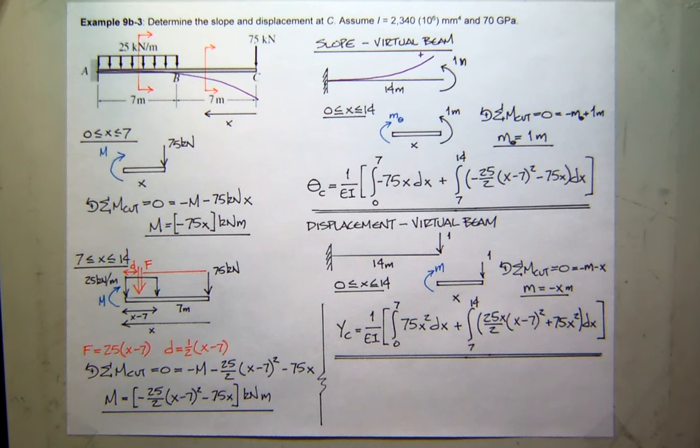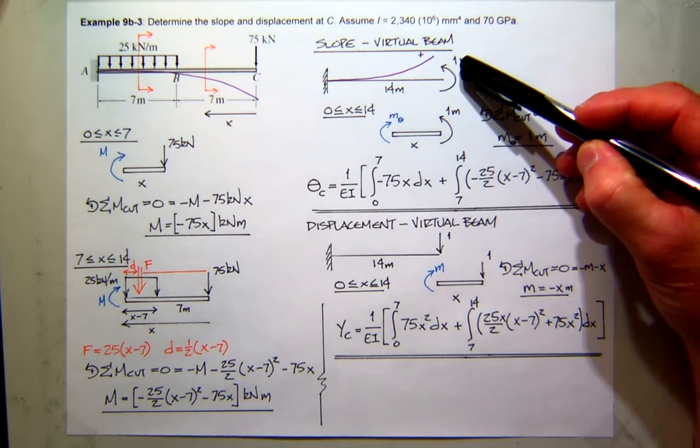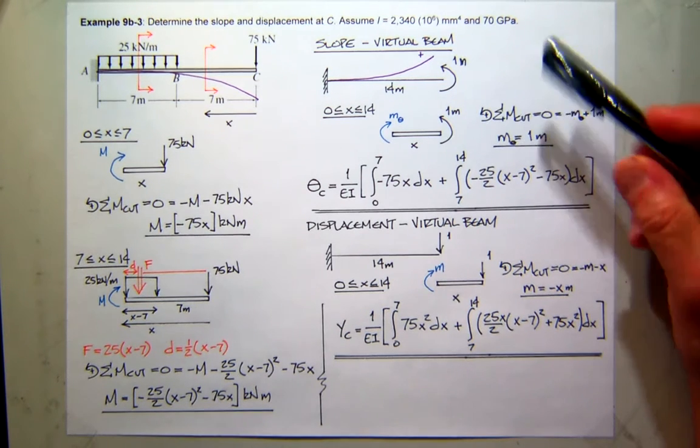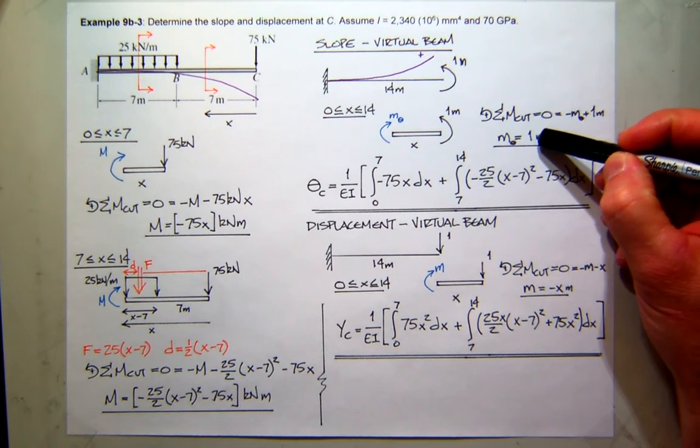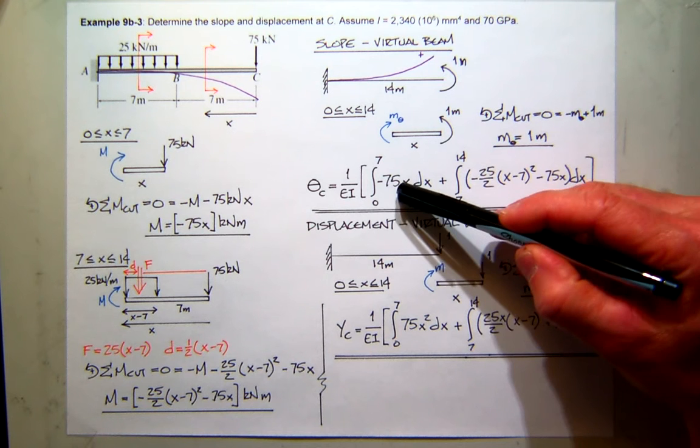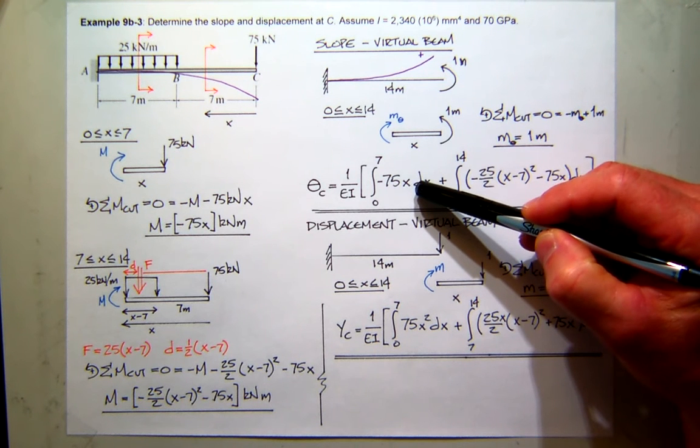I guess what I made the error on is maybe this thing is dimensionless too. So this would have no meter. When you got here, you'd have kilonewton meter integrated, kilonewton meters squared. That works out. Yeah, so I got sloppy with my units.